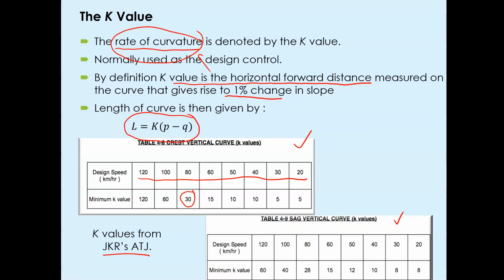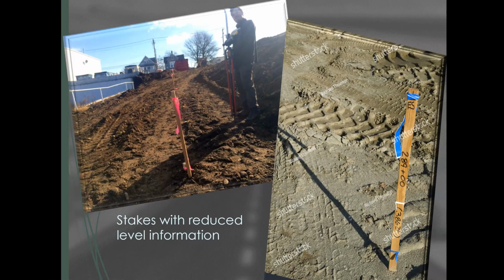Quite straightforward. L is equal to K value multiplied by the algebraic difference. In some texts you might see an equation that says L equals KA, which is the same thing. It's just a matter of expressing the algebraic difference either as P minus Q or A. So that's the K value.